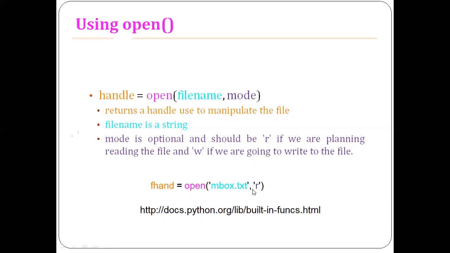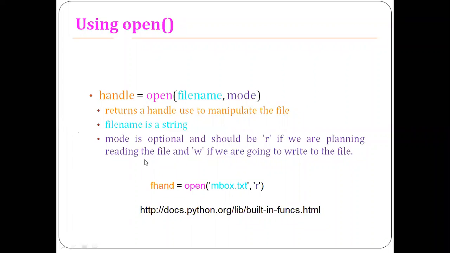Once it is done successfully, it will return a file handler, which will be assigned to a handler called fhand, right? Throughout the file operations, you're supposed to use this file handler called fhand.